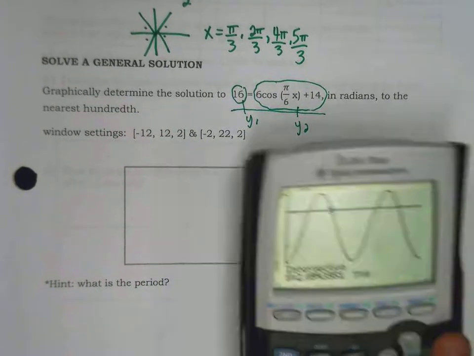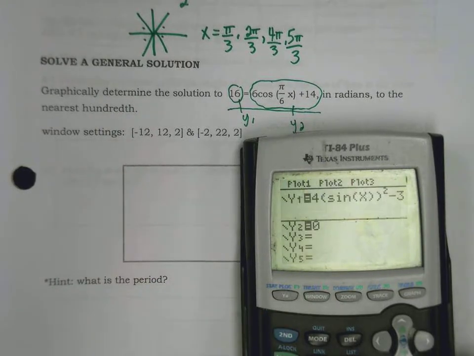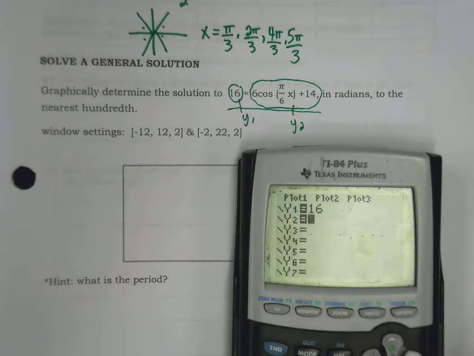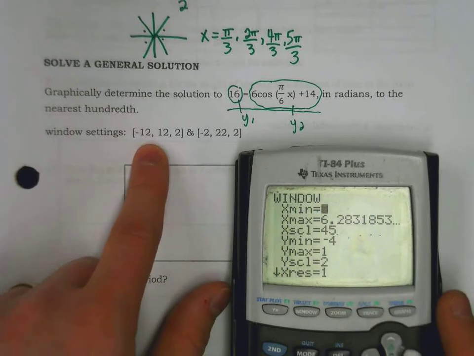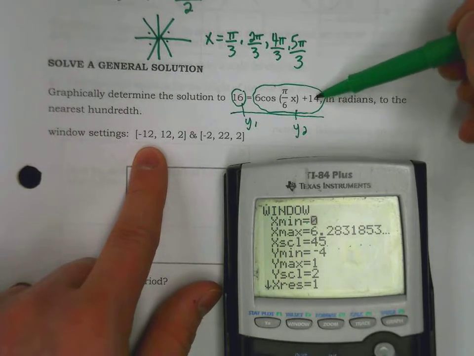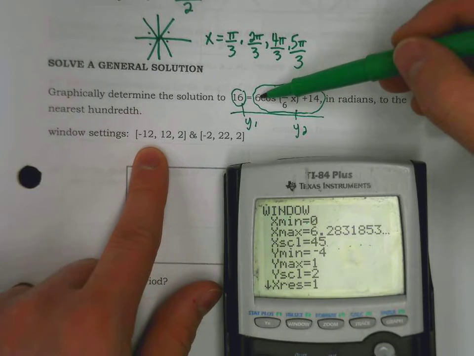And so if we graph this in our calculator, we're going to do this in radian mode, where we've got 16 as one side, and we've got 6 cos of pi over 6 x plus a 14 as the other side, and a window setting that I've given us because I noticed that midline is 14 and we're going up 6.